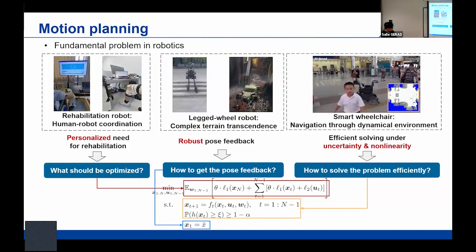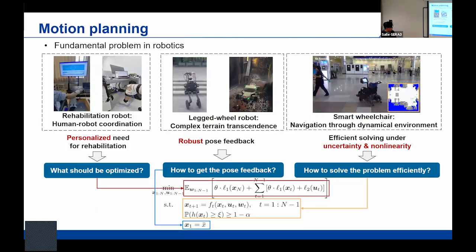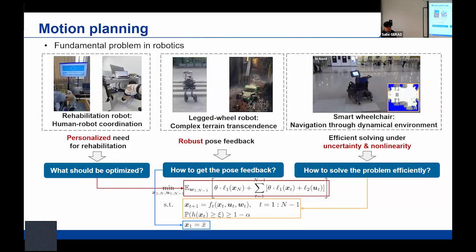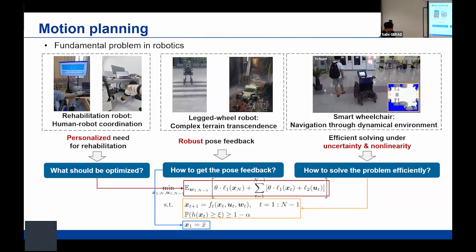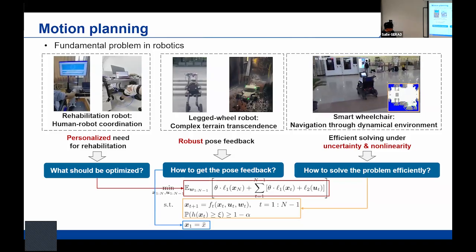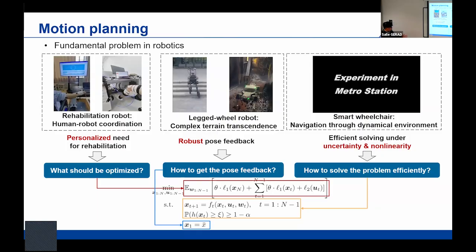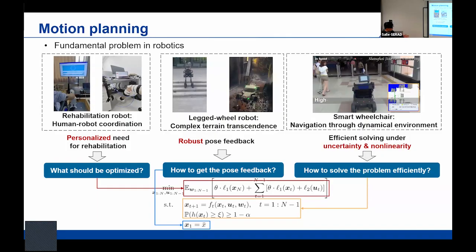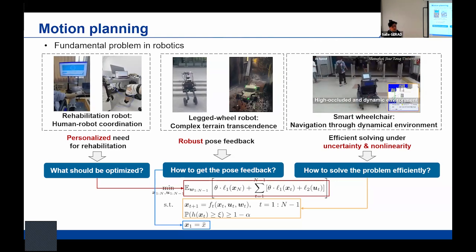The second one: how do you get robust pose feedback from the environment? What we do is some little tricks on the SLAM technique. The third: how can you solve this problem efficiently? All these three problems fall into the scope of the optimal control problem.